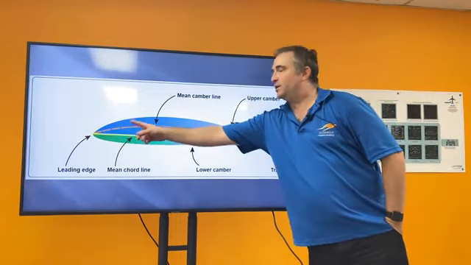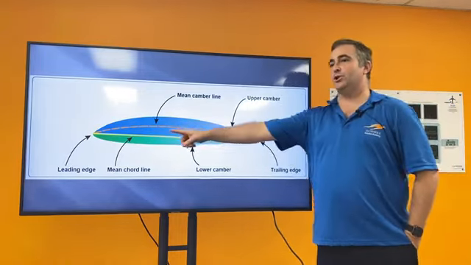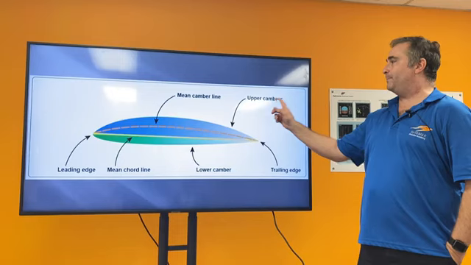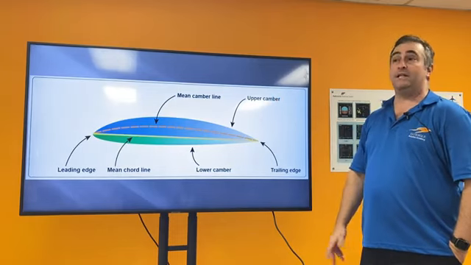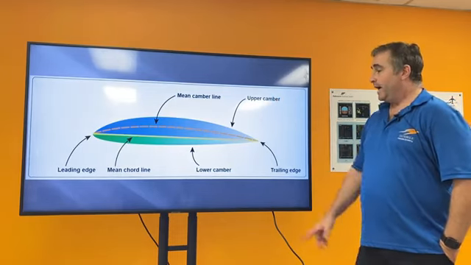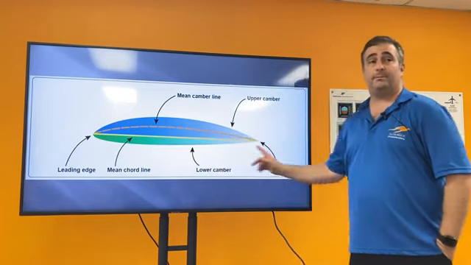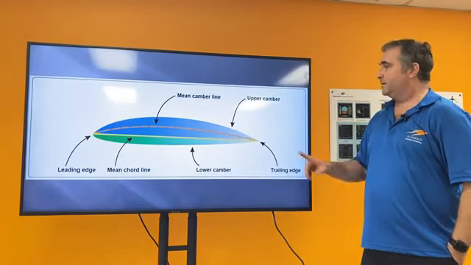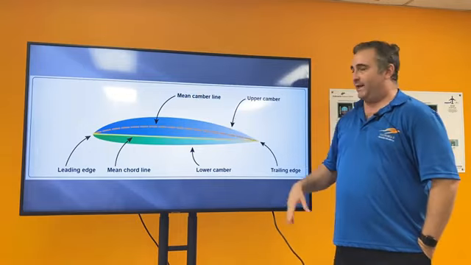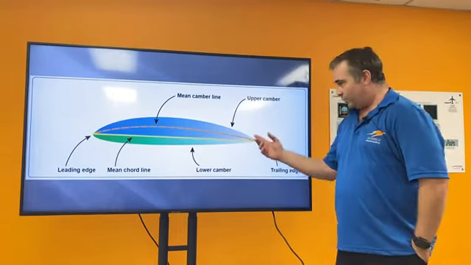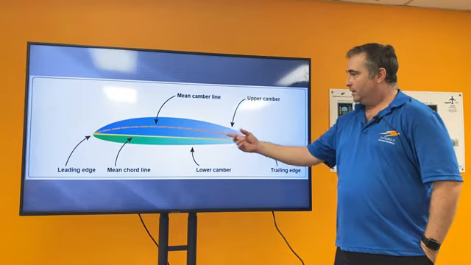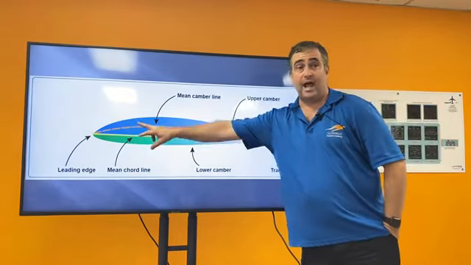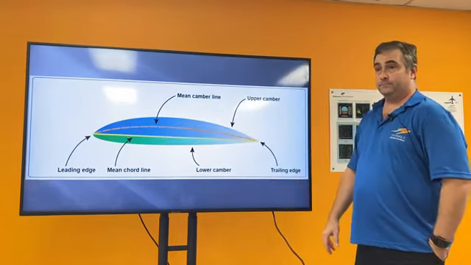The upper cambered surface is the curved surface on the top, cambered, meaning curved, okay? And the lower cambered surface across the bottom. Halfway between those two surfaces is your mean camber line. That just means average. Probably not a great diagram here, but not the chord. It's just halfway in between the two. Okay?